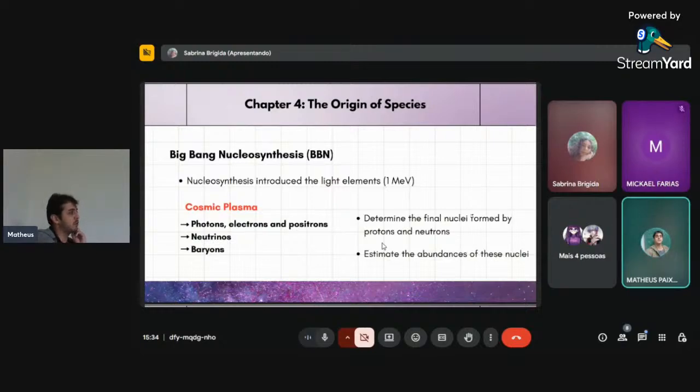Sometimes you have a theory, a model, that overproduces some kind of particle that can disrupt the production of the light nuclei. So we need to consider it. This is a very important era to put these bounds and limits on beyond standard model models, right? Yes. But I mean, these are just comments I'm making.